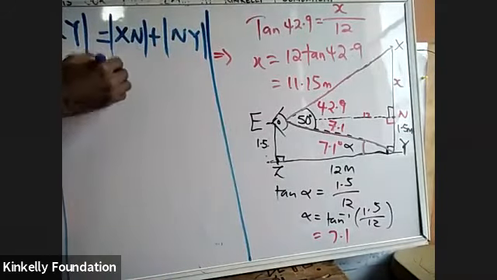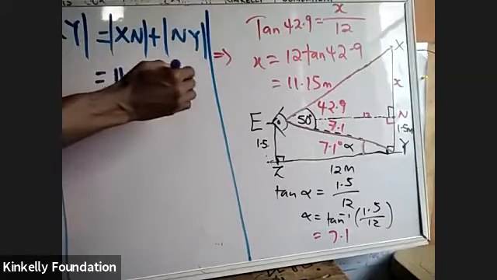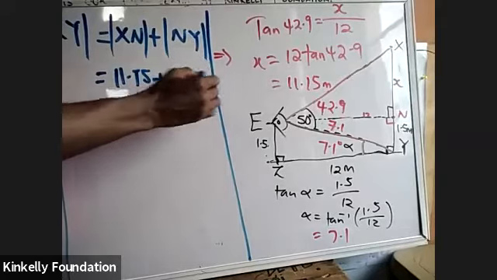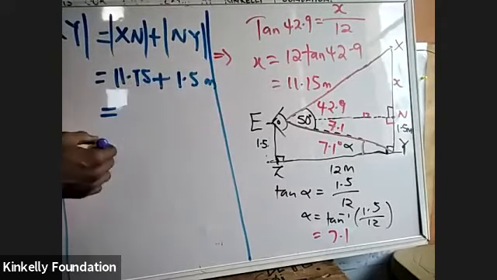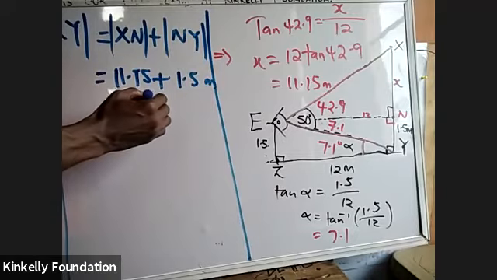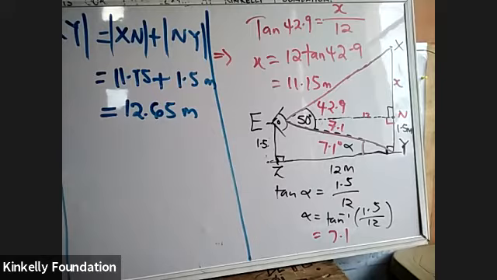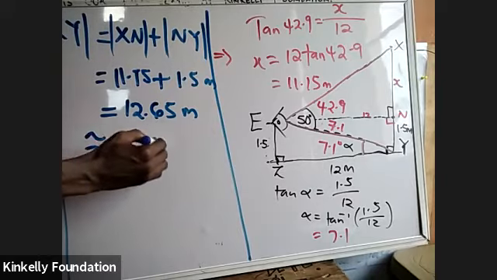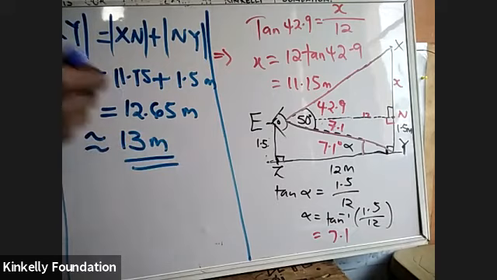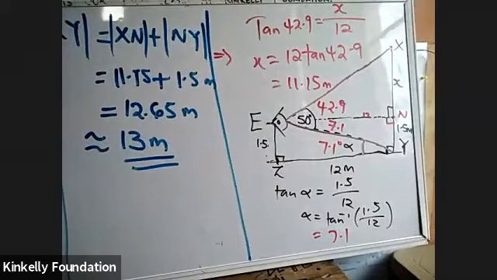So this is 11.15 plus 1.5. When you add this, we have 12.65 meters, and then corrected to the nearest meter, which is 13 meters. So that's the value of the length XY we are asked to find.